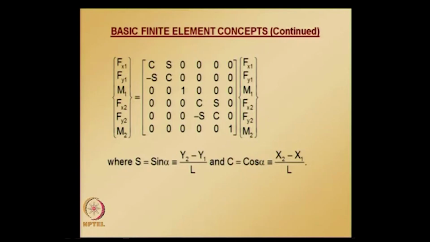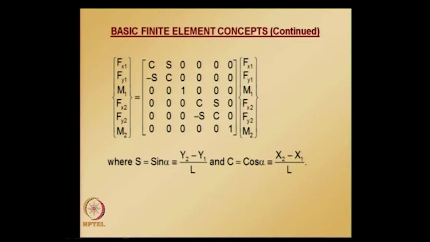On the left hand side you have the force vector in the local coordinate system, and on the right hand side you have the transformation matrix and the force vector in the global coordinate system.